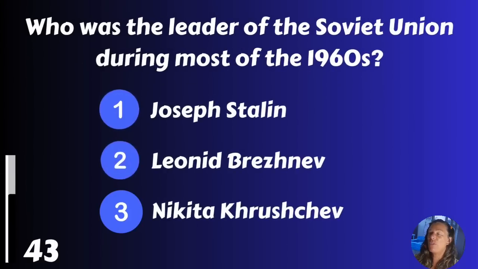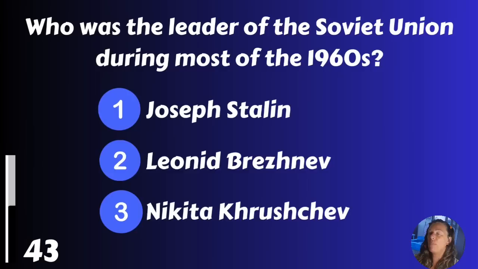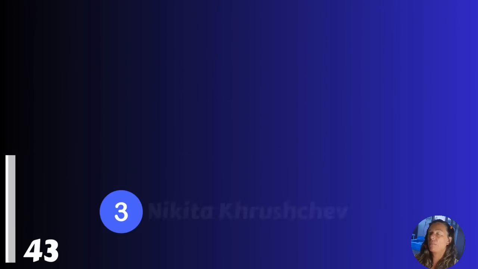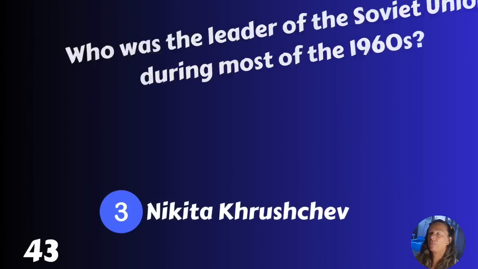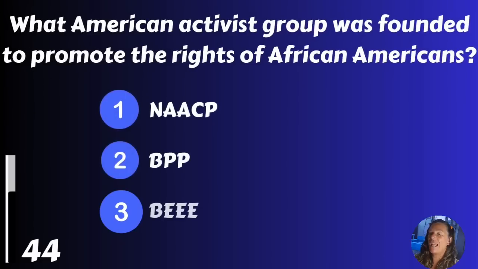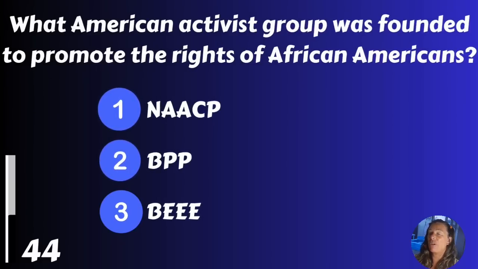Who was the leader of the Soviet Union during most of the 1960s? Joseph Stalin, Leonid Khrushchev, or Nikita Khrushchev? Nikita Khrushchev. What American activist group was founded to promote the rights of African Americans?